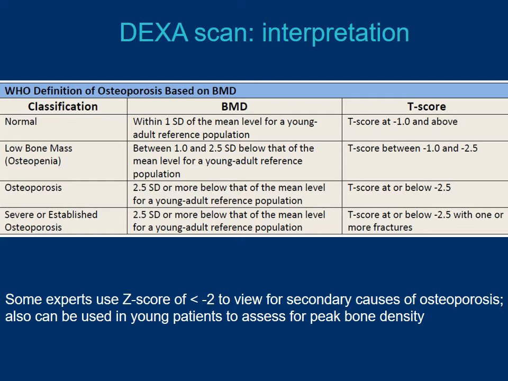A T-score below minus 2.5 with one or more fractures is severe osteoporosis. This is the T-score we usually use in clinical situations, however some experts use a Z-score of less than minus 2 to look for secondary causes of osteoporosis, or in young female patients, to assess for peak bone density.